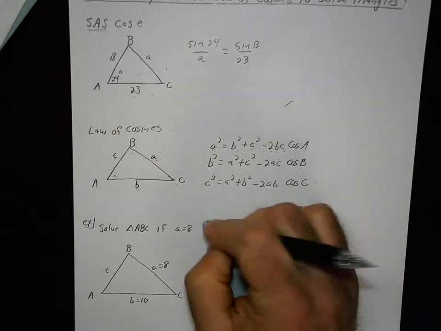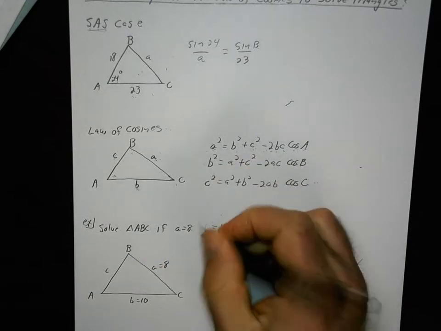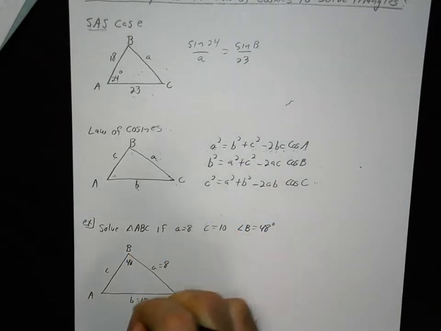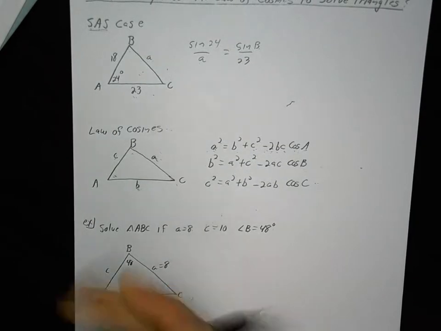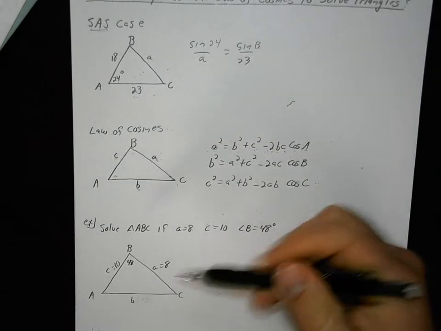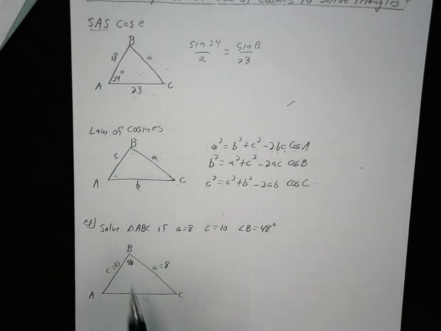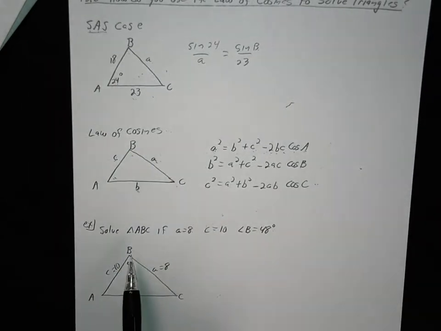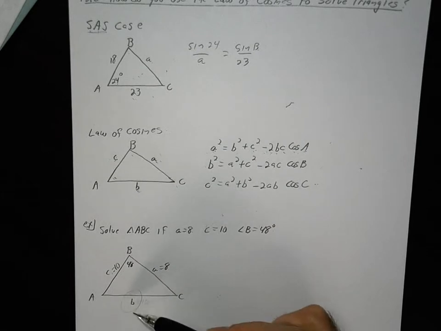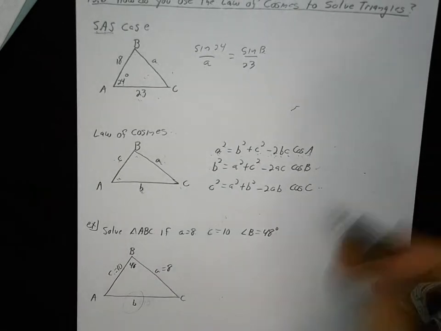Whoops, this is supposed to be C. Angle B is 48, B we don't know, and C equals 10. So I have the side angle side case in which I can use the law of cosines. Which formula am I going to use? I'm trying to find side B here, so I'd use this one here.